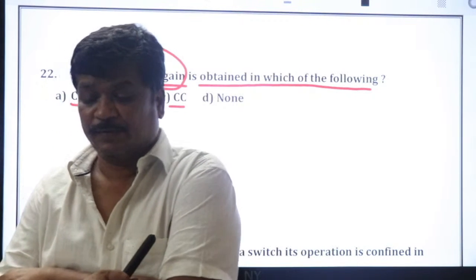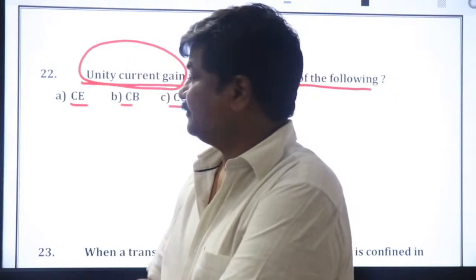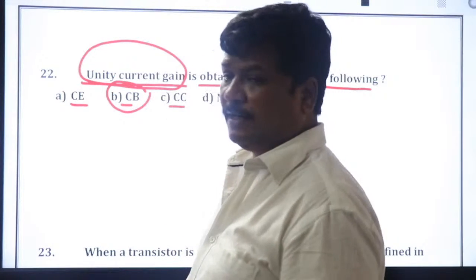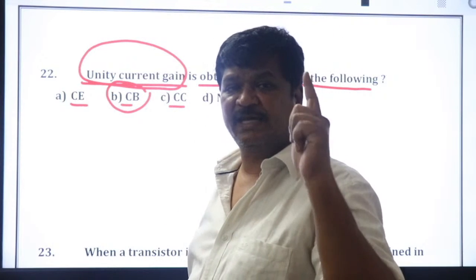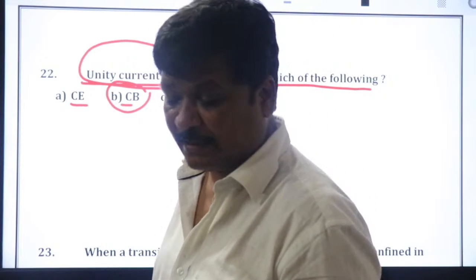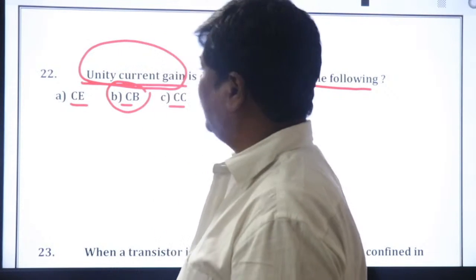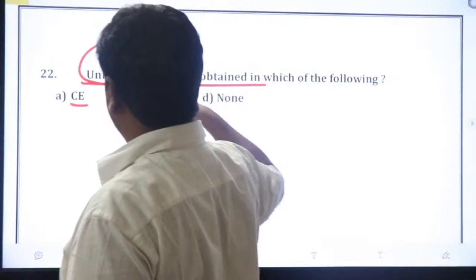Common base configuration has nearly 1. Alpha is nearly 1. Unity current gain. Very good.